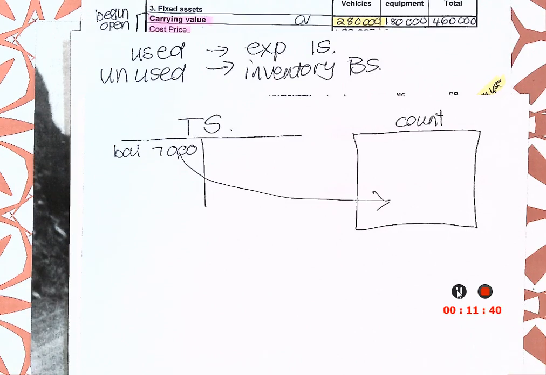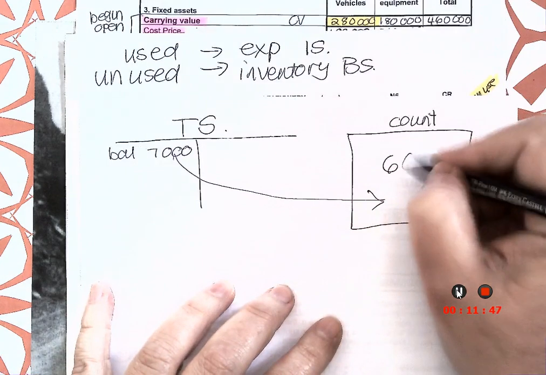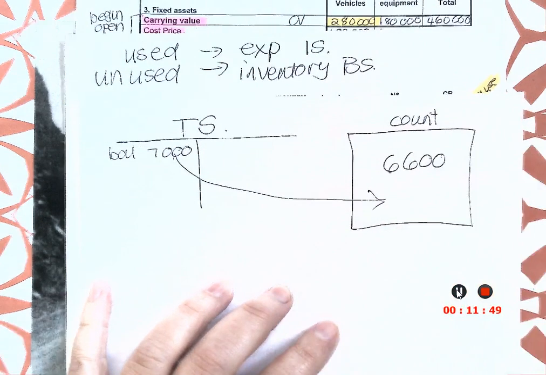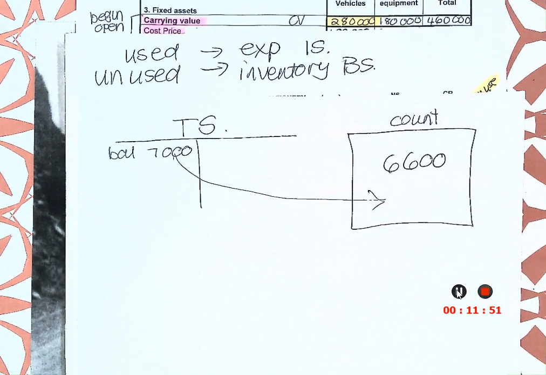But now I count and I see it's 6,600. Can you see there's 400 short? It's not necessarily stolen. Because what could have happened? The owner maybe took stock for own use and he did not inform the bookkeeper.